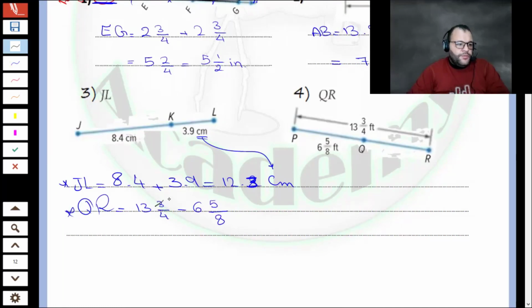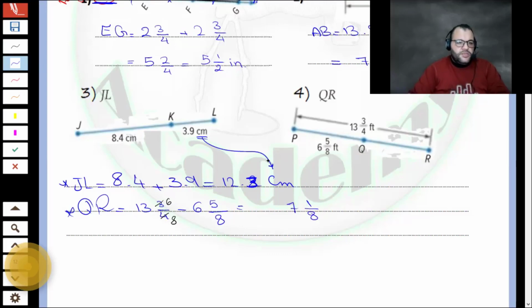So this one will be 6 over 8, and this one also 8. The new fraction now will be 13 and 6 over 8. First subtract the fractions, then subtract the whole numbers. Because the first fraction is smaller, you borrow 1 over 8. And 13 minus 7 is 7.